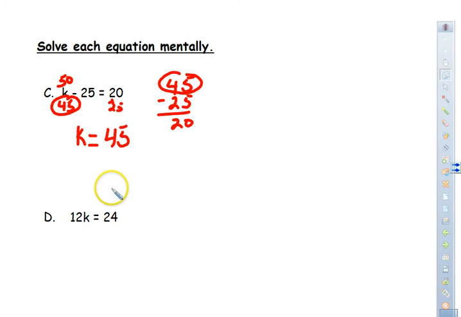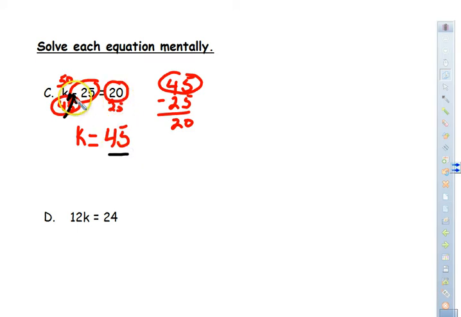I'm hoping that as you start to work through these, you're going to see some similarities between this number and this number and this operation sign. When we look at this operation sign right here, you're going to find that if you do the opposite of that with the other number, then you're going to end up getting the answer.